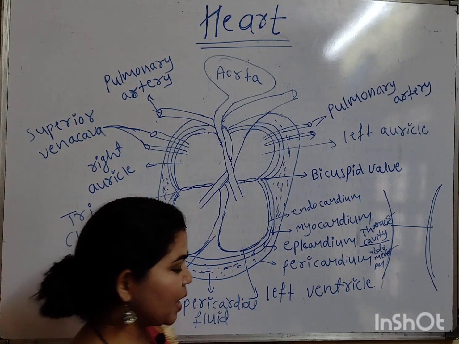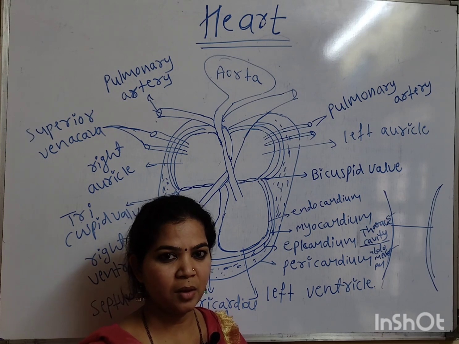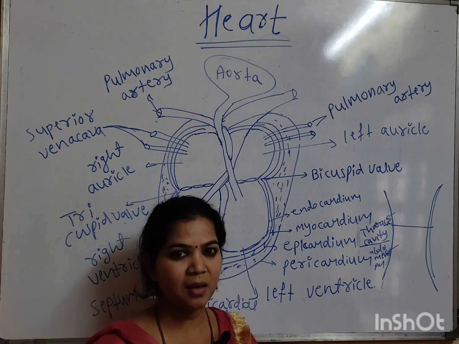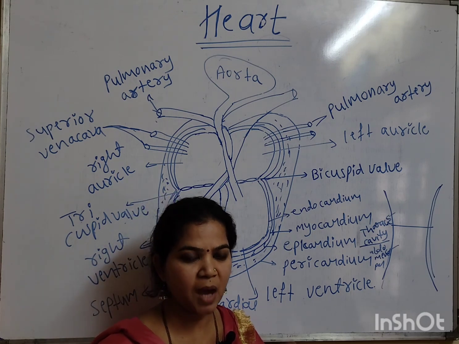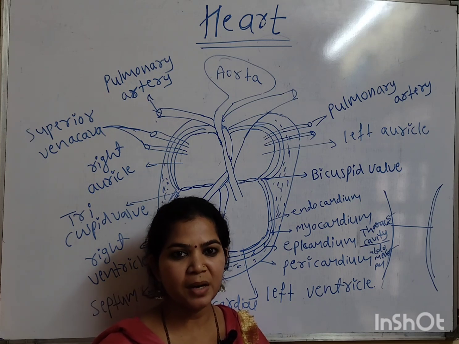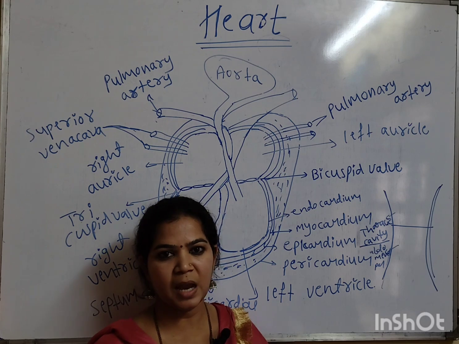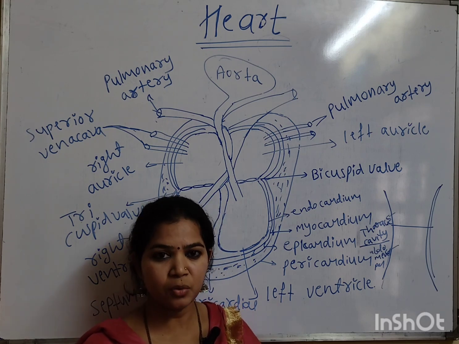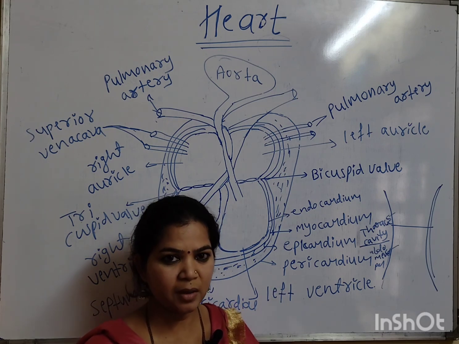As we know, the heart circulates the blood. It was discovered by a scientist called William Harvey. William Harvey is known as the father of blood circulation because he discovered that blood circulates through the heart in our body.